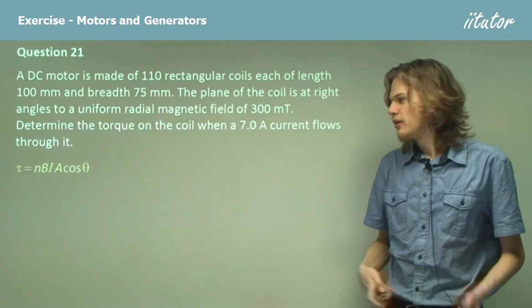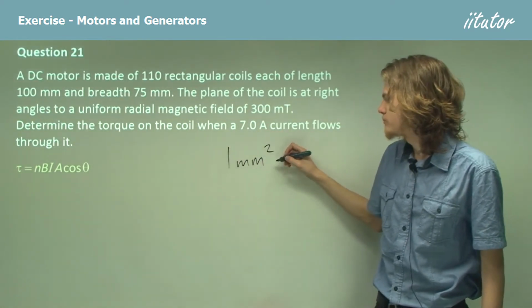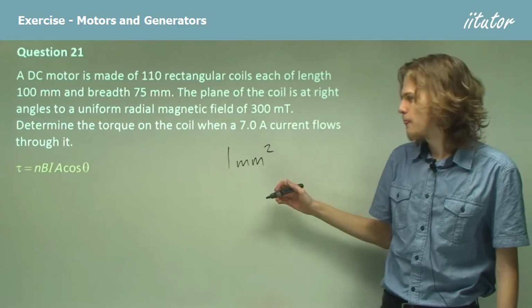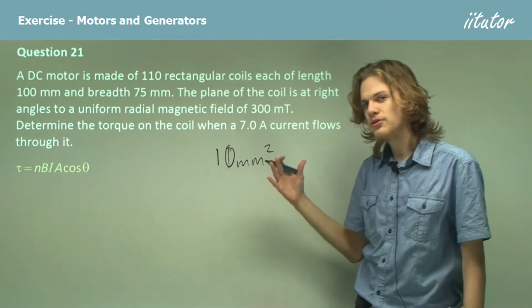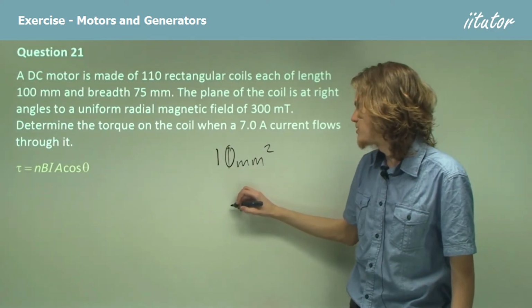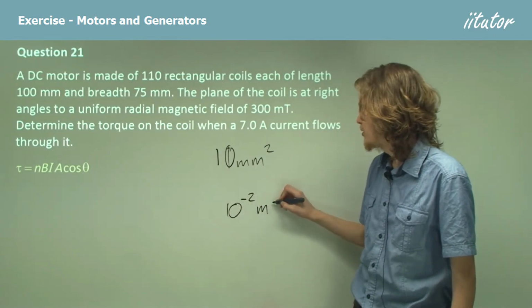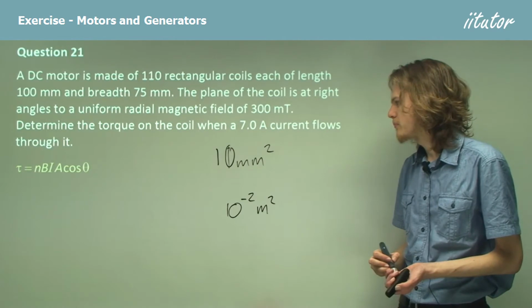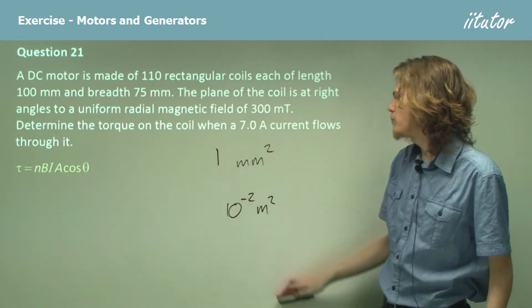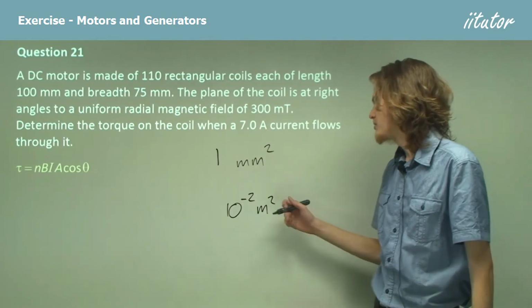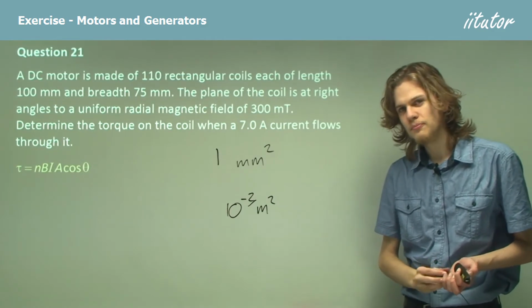Well, it's because 10 millimeters squared is not the same as 10 to the minus 2 meters squared. We have a problem here. Similarly, 1 millimeter squared is not the same as 10 to the minus 3 meters squared. These are two very different numbers.